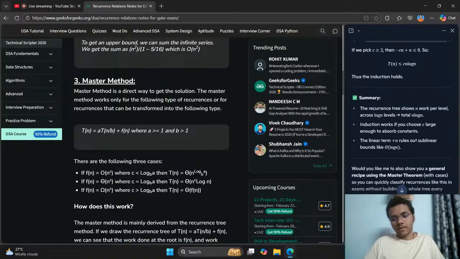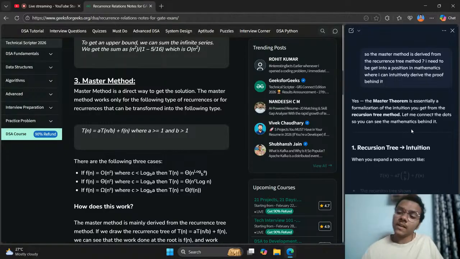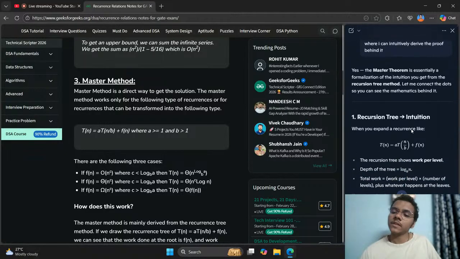I need to get into a position in mathematics where I can intuitively derive the proof behind it. Formalization of the intuition you get from the recurrence tree method.